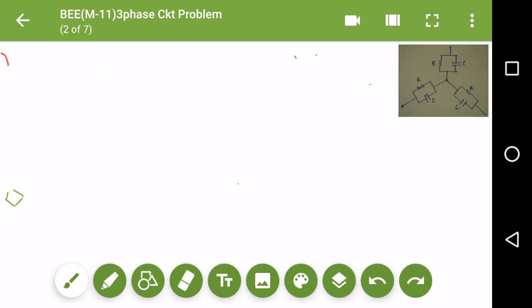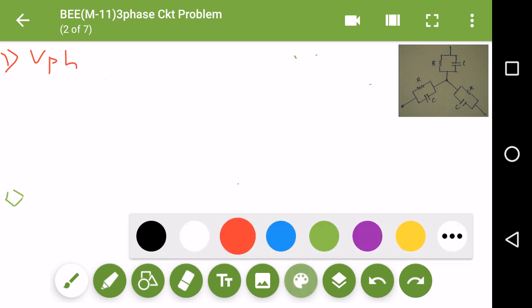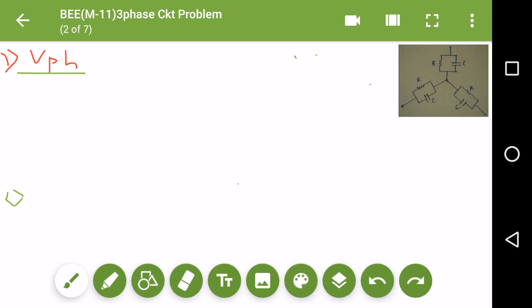The first thing is VPH. In a three phase circuit, you must know that the phase voltage VPH is equal to VL, the line voltage, upon root 3. The line voltage, the total voltage given to us, is 416 volt, upon root 3.